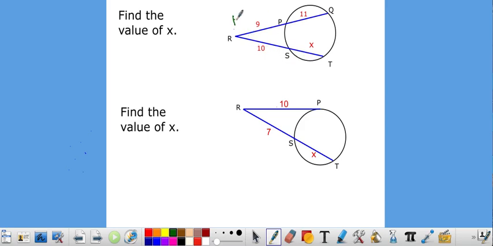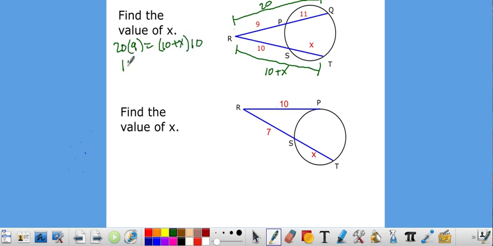So here you've got to know the entire length of this thing is 20. So the entire length is 20 times the outside, which is 9, is equal to the entire length here. Be careful, it's not 10x, it's 10 plus x. Times just the outside, 10.